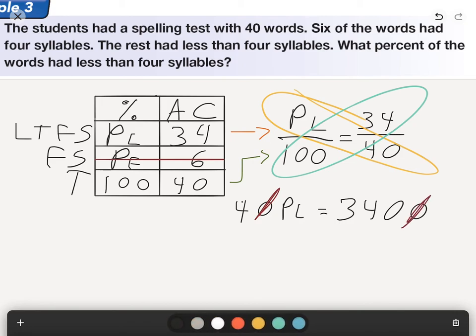Getting me to percentage equals 340. And then I can think, I'll just do it up.